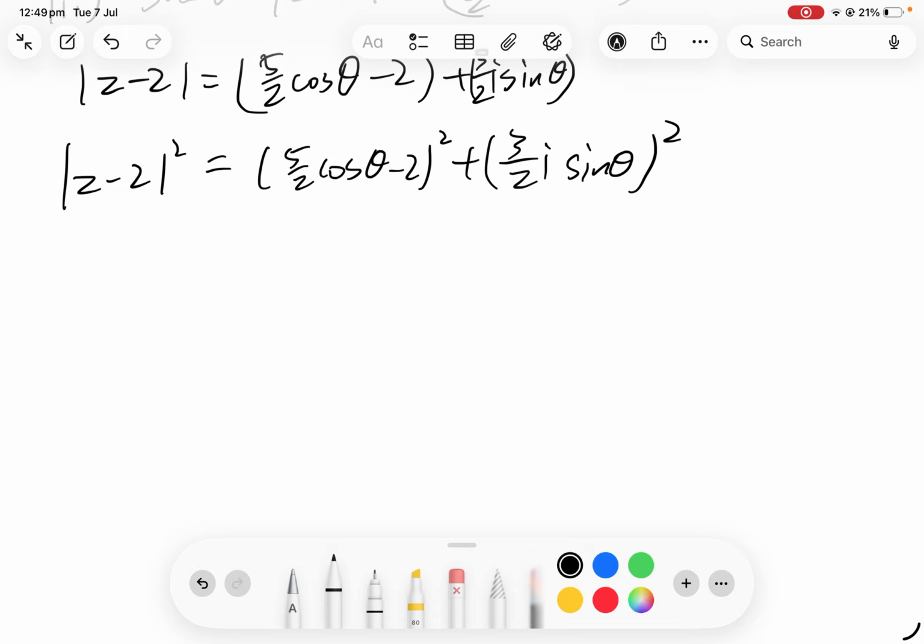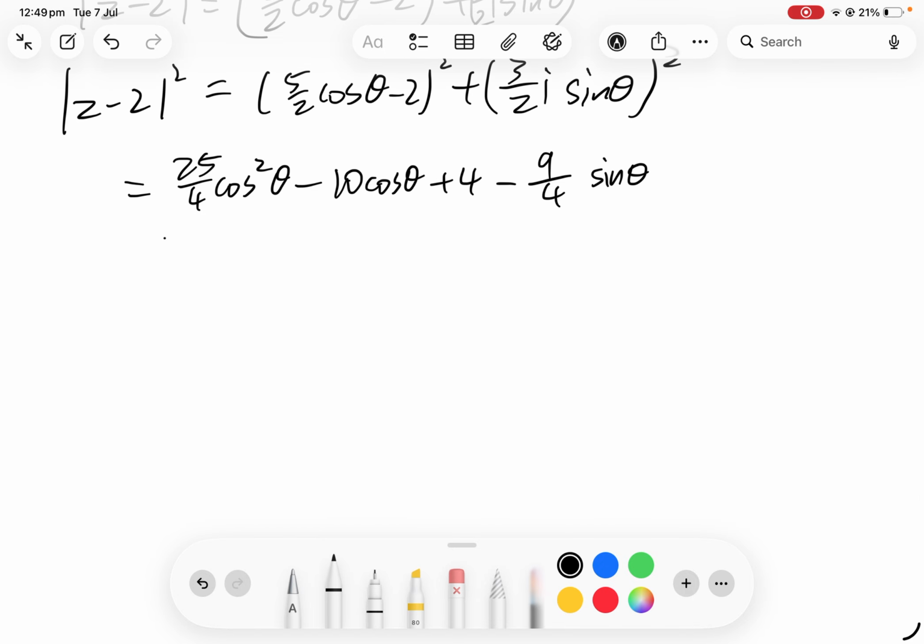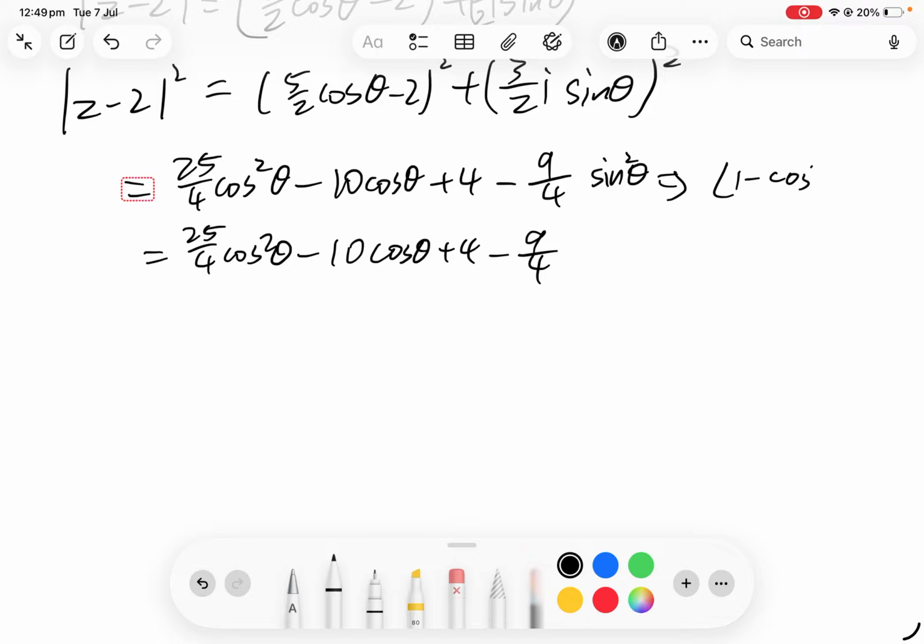And to do that, that becomes 25 over 4 cos squared theta minus 10 cos theta plus 4 plus 9 over 4 i sine, well, it doesn't become i anymore, it becomes negative theta, and that, oh, it should be squared, so that becomes 25 over 4 cos squared theta minus 10 cos theta plus 4 minus 9 over 4 (1 minus cos squared theta) plus 9 over 4 cos squared theta.